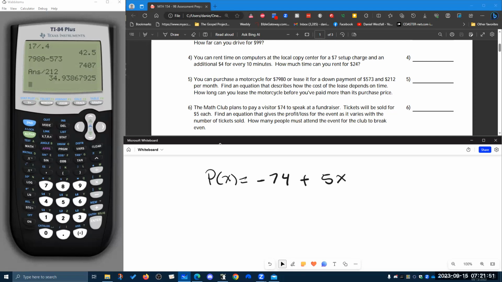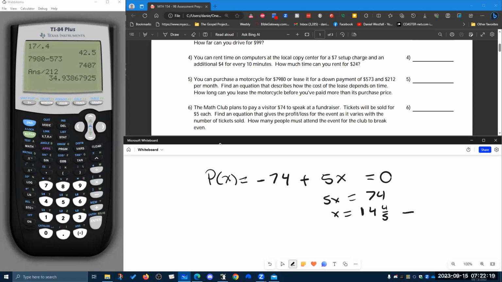How many people must attend for the club to break even? Remember that we have to sell a whole number of tickets. We can't sell a fraction of a ticket here. So 5x equals 74. So x is going to be 14 and 4/5.